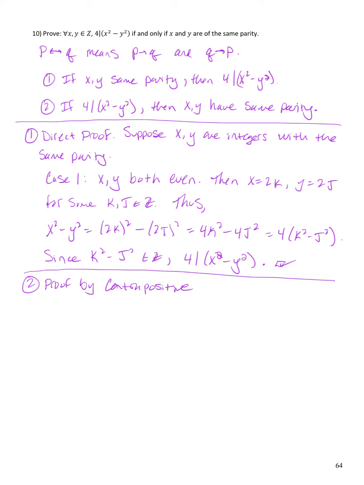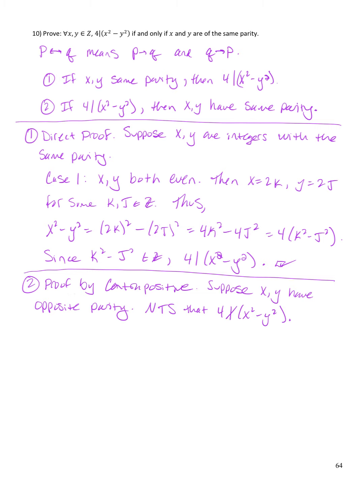I'm going to suppose that x and y have opposite parity, right? Not q. And I'm going to show that 4 does not divide x squared minus y squared. So suppose x and y have opposite parity. Need to show that 4 does not divide x squared minus y squared.